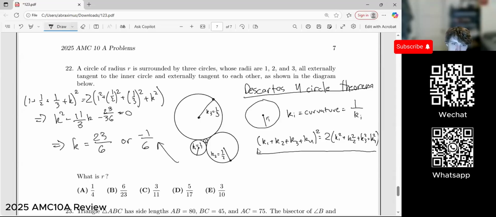Now, what does this mean? The curvature would be negative if all three of the other circles were inside this one.